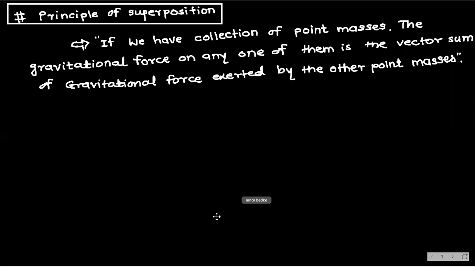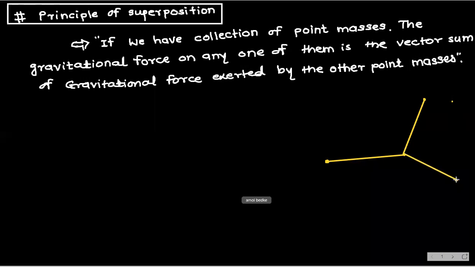So let me draw the diagram, and when we solve problems, you will understand better. Before going forward, let's see what this is. Now this is one point mass, and here is another point mass. Somewhere here also I am taking a point mass. So how many point masses do I have? 4 point masses.